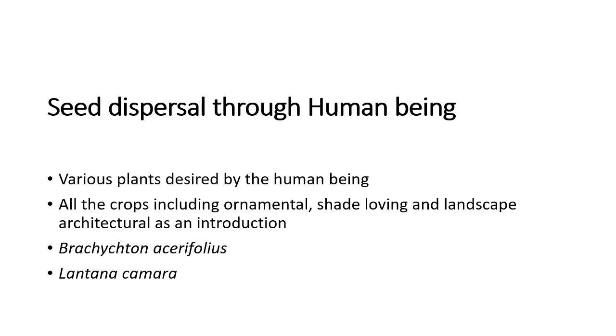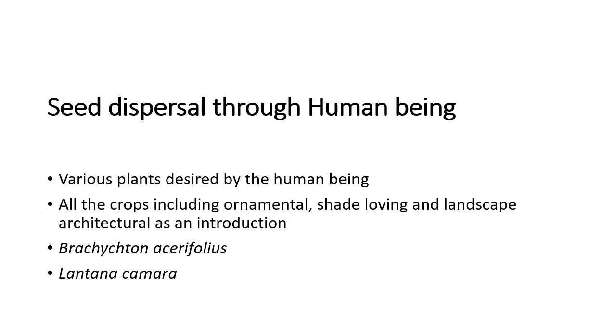And the dispersal mechanism through human beings. This is a very large area in which all the crop species are involved, and most of these crops, including ornamental, shade-loving, and landscaping species, are normally introduced by scientists, by human beings for their own desire.